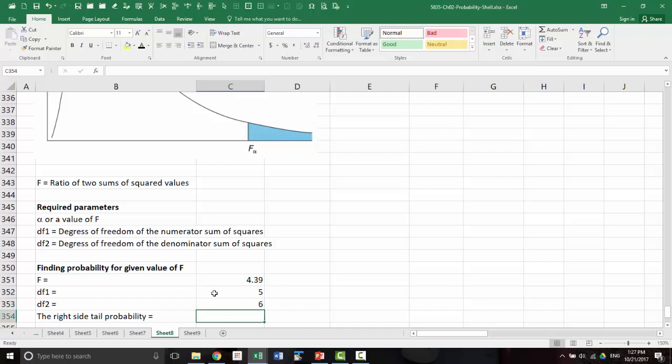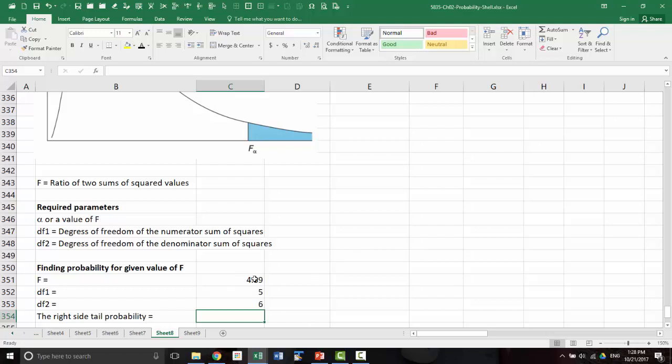Right now you may wonder what the numerator degrees of freedom is, what degrees of freedom is, but we'll look at a more concrete example in regression. Then I'll remind you at that time that this is what we did back in chapter 2.